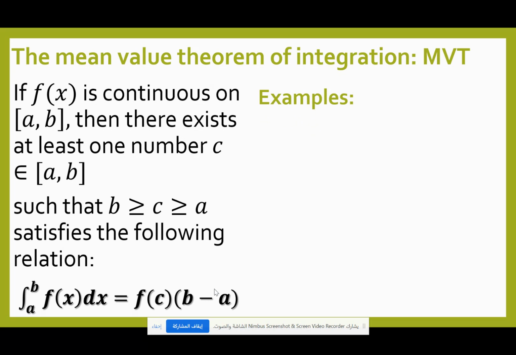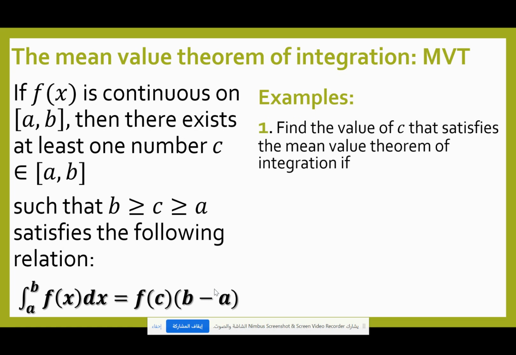Let's now go to an example to see how we're going to deal with the mean value theorem of integration. The question can ask you to find the value of c that satisfies the mean value theorem of integration if we have the following function. f of x equals the square root of x when x belongs to the closed interval from 0 to 9.